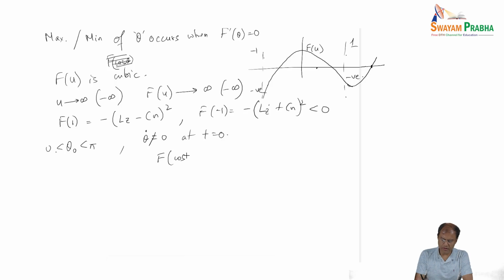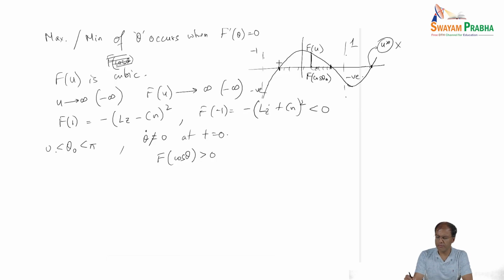Then we see that f of cos theta has to be positive, right? So cos theta attains values in between. If theta naught is one value, then f of cos theta naught will be somewhere in this range, from negative to positive. So u will be oscillating. It turns out that the third root, let's say u star, is not possible, because cos theta is between minus 1 and plus 1, so that cannot be greater than 1. So this is unphysical.